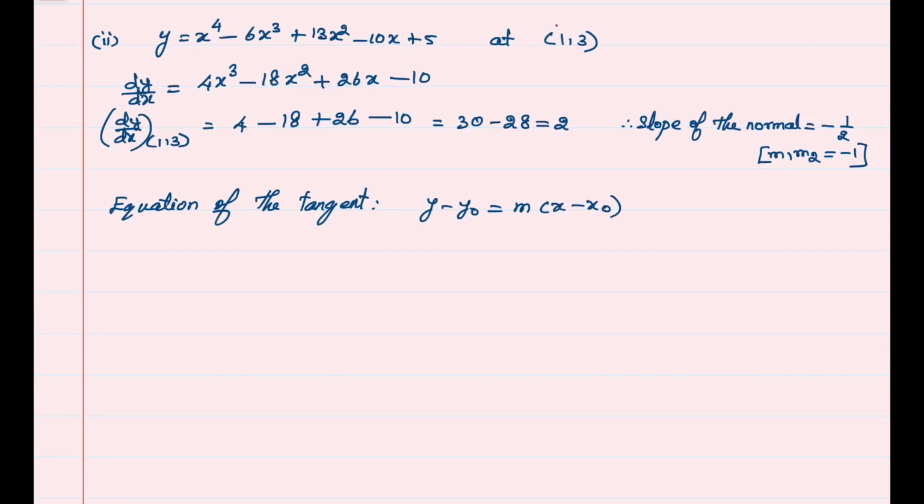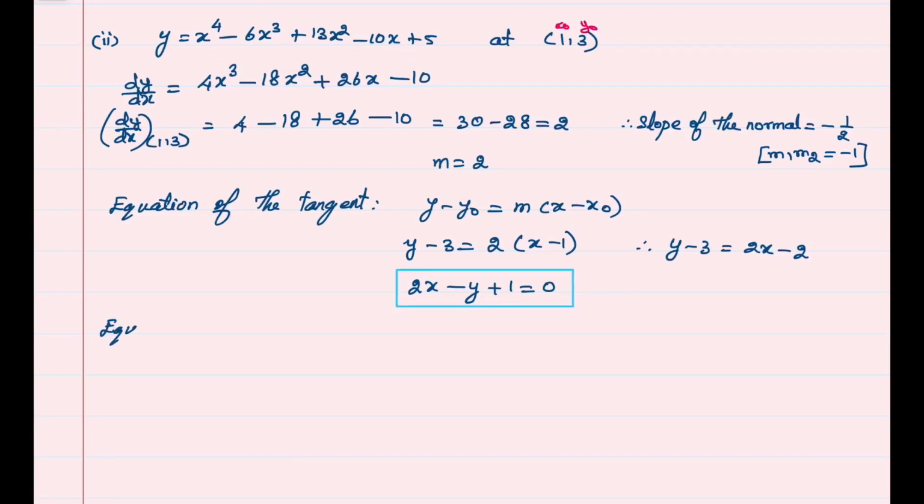The point of contact is (x0, y0) and slope of the tangent is 2. Y minus 3 is 2 times x minus 1. Therefore, y minus 3 is 2x minus 2. The equation becomes 2x minus y minus 2 plus 3 is plus 1 equal to 0.